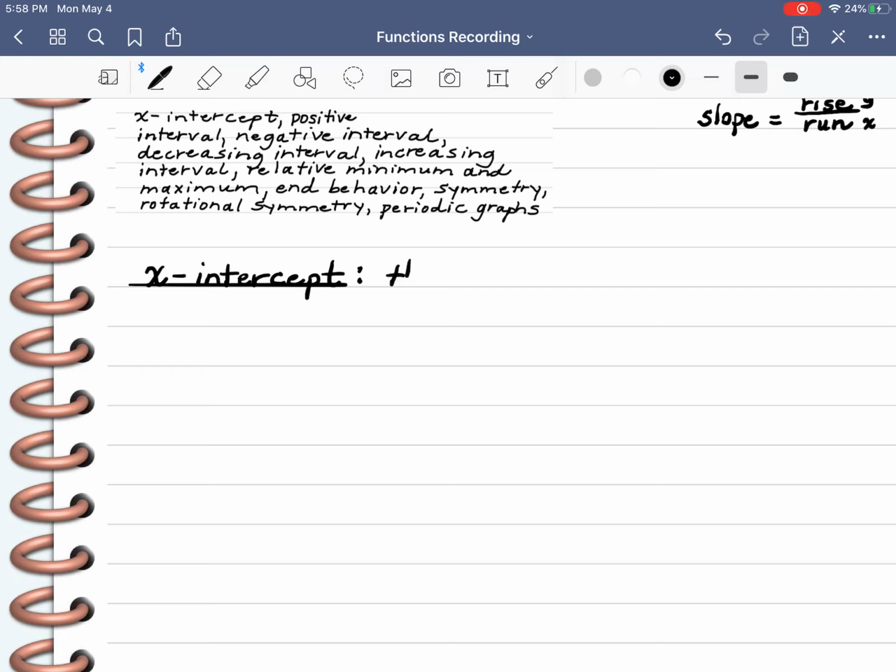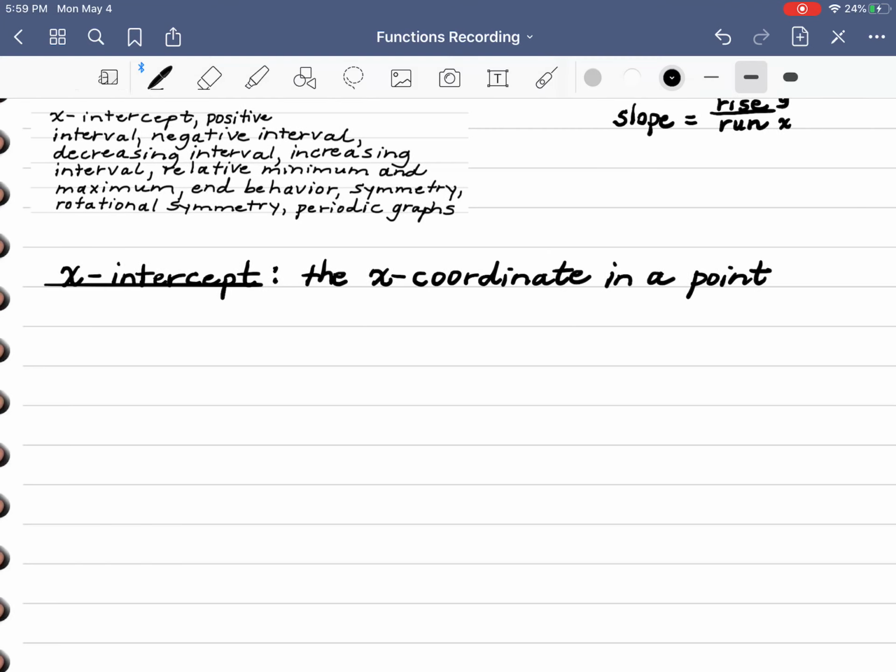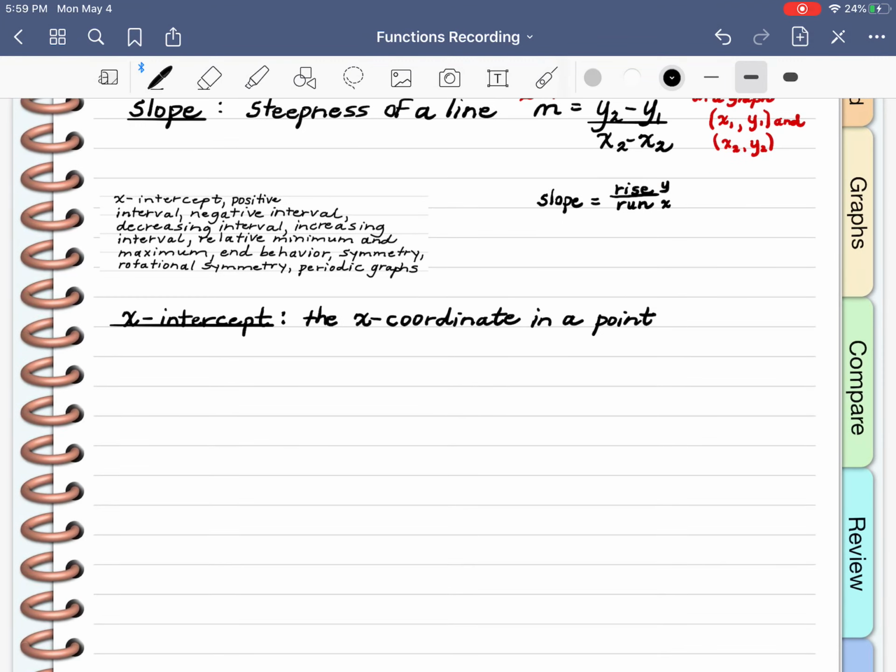The x-intercept is the x coordinate in a point where a graph touches the x-axis.